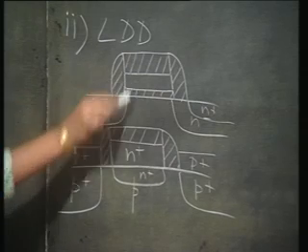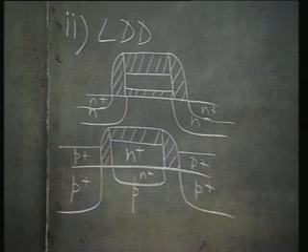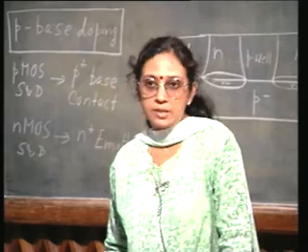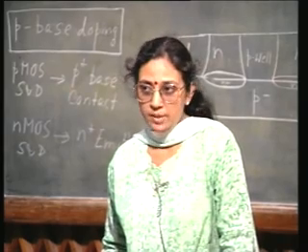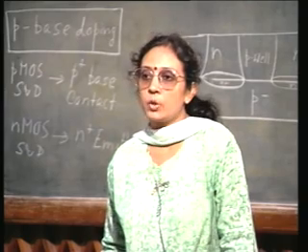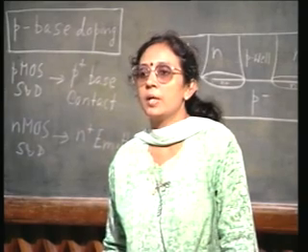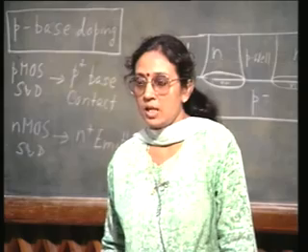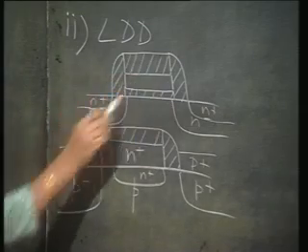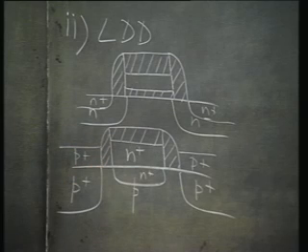Now compare these two structures. The LDD needed for the NMOS in CMOS devices, and the extrinsic base required for the NPN bipolar junction transistor. In both cases you find that we need an oxide spacer layer, right.